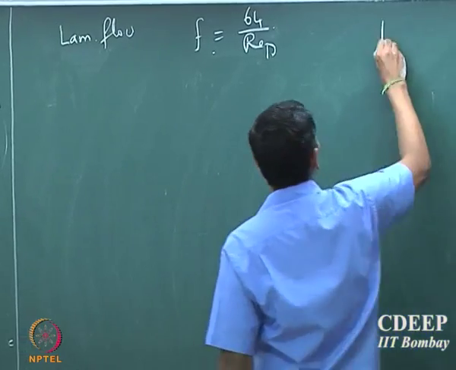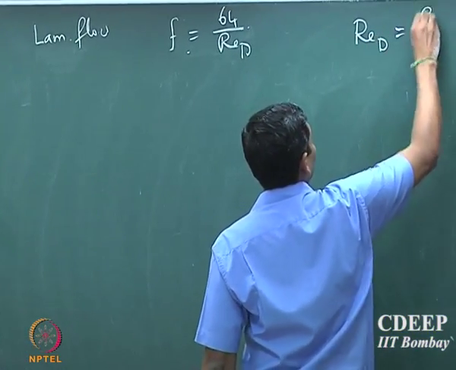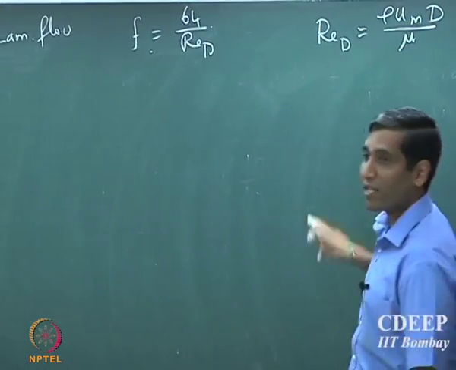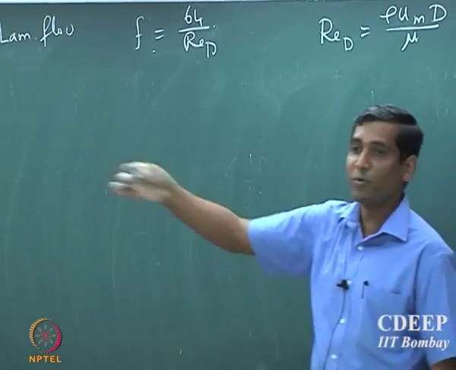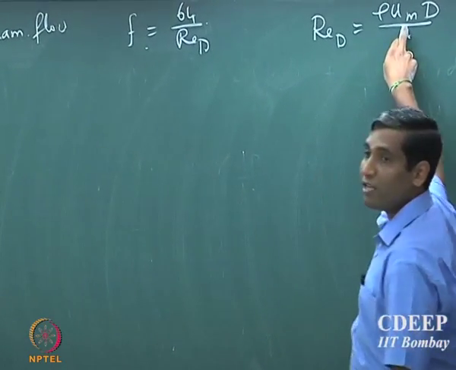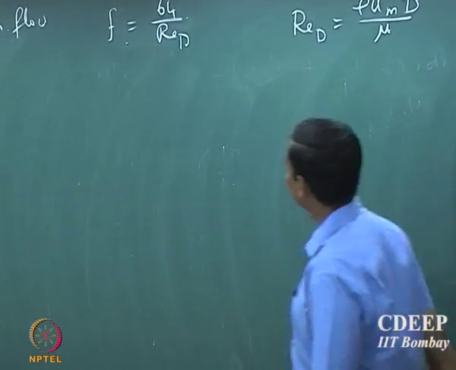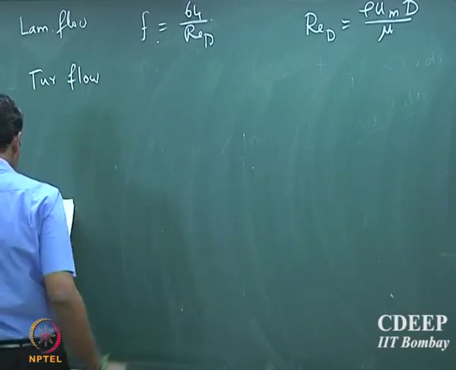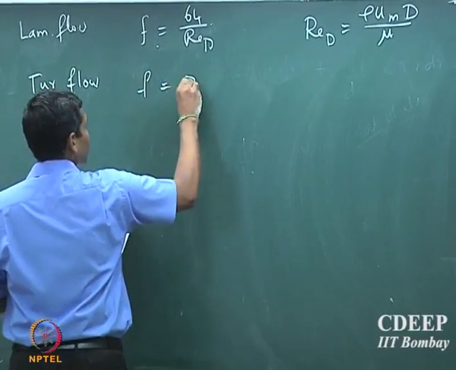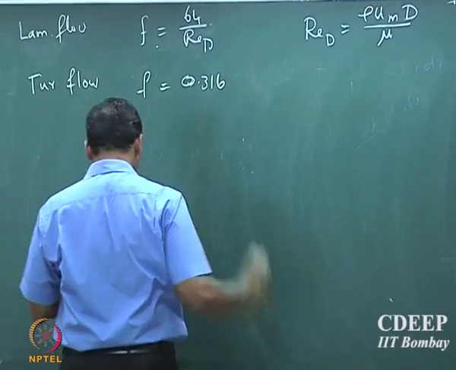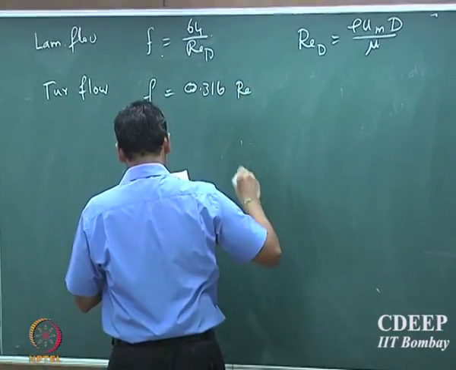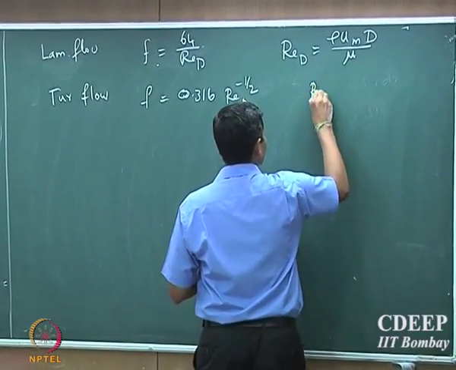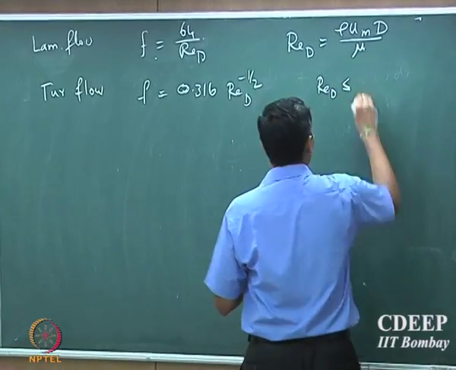Okay, so Re d is defined as rho um d by mu. Which means that the Reynolds number does not change with the location. Okay, so it's defined based on the mixing cup velocity. Okay, and for turbulent flow, it's given by 0.316 into Re d power minus half, and this validity is when it is less than or equal to 2 into 10 power 4.